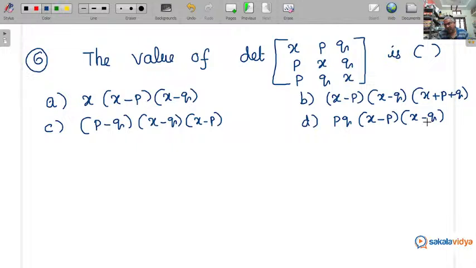In option B also x into x into x, x cube. But in option C it is x square, and option D is x square. So C and D can be eliminated. Either A or B is the answer. In general, option B is the right answer.